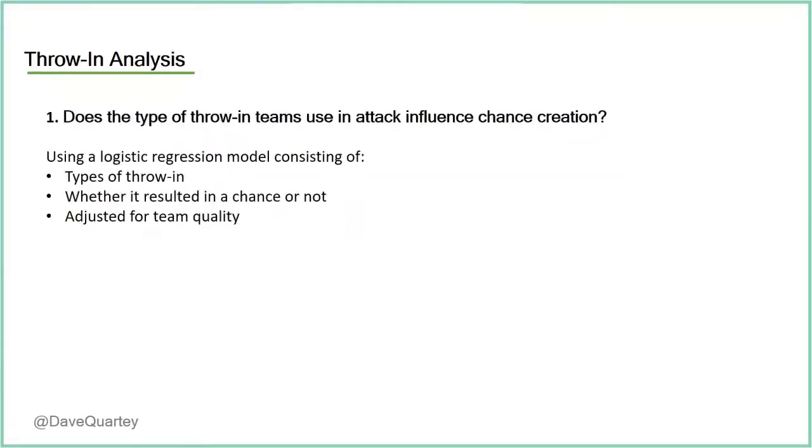So that I removed the effect of possibly, say, a team like Man City, there's a possibility that they are creating more chances from throw-ins, not because they have more chance of them, but it's simply because they are a very good team. So I removed that team quality effect so that I'll be able to compare teams on the same base, right?